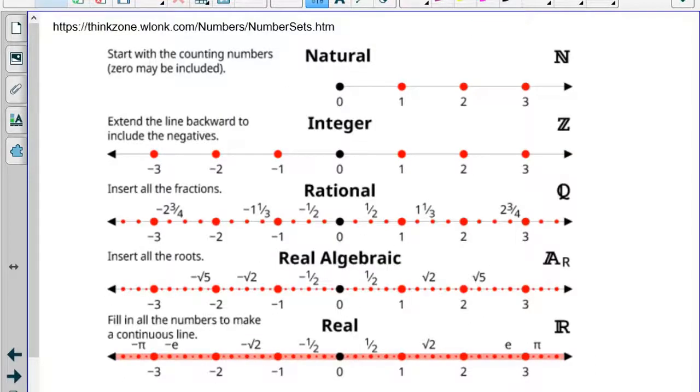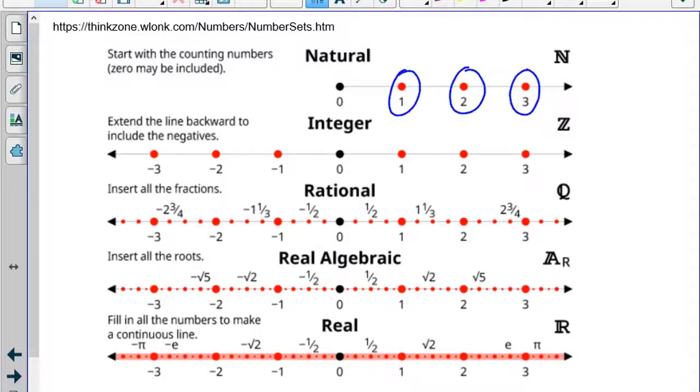This is another way of seeing these things on a number line. The red indicates where these things actually exist on the number line. Natural numbers start at 1, and you can tell there are gaps there. There are gaps between each of the natural numbers.